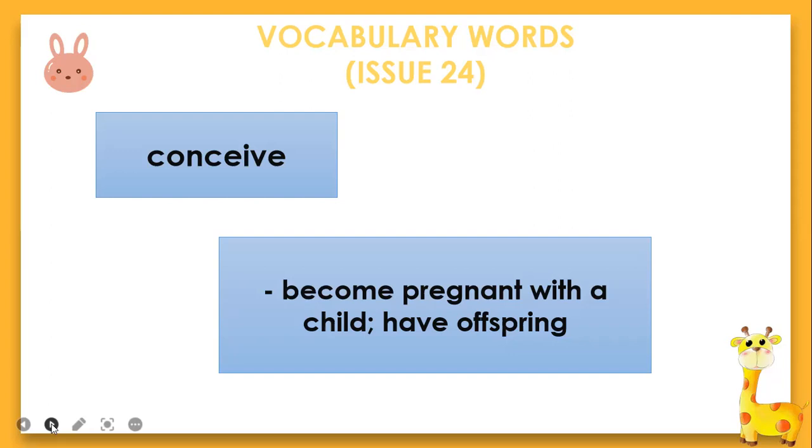A boy cannot conceive a baby. He can conceive in the future? Or he lets my friend conceive his baby, because it's a boy, so it cannot be pregnant. Only girls get pregnant or have a baby.